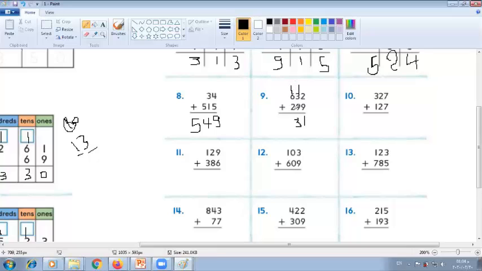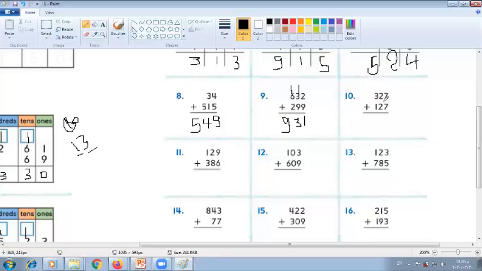I will have to regroup and make a new 100 and I will put it with the hundreds. 1 plus 6 equals 7. 7 plus 2 equal, that's right, 9. So the sum I have is 931.